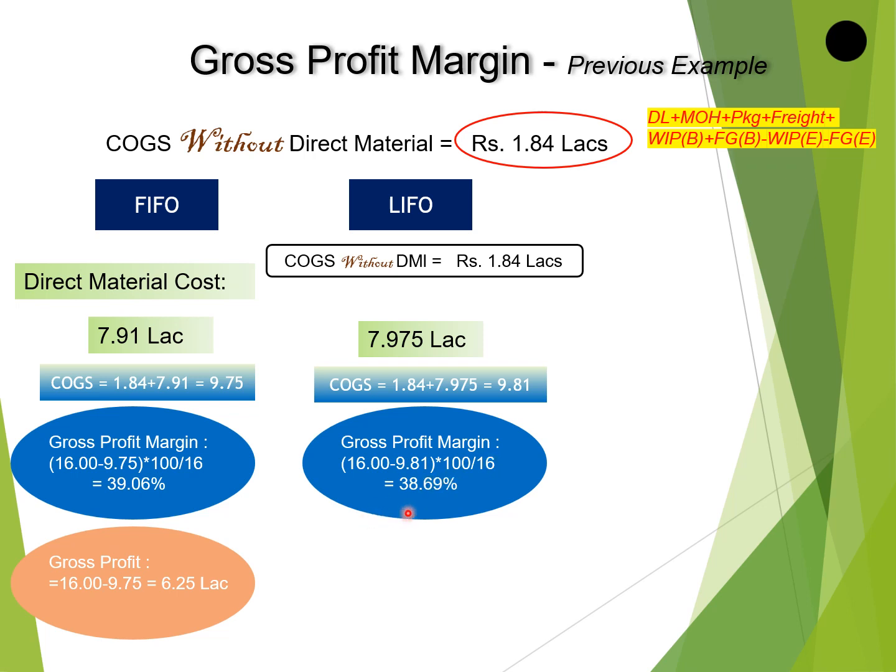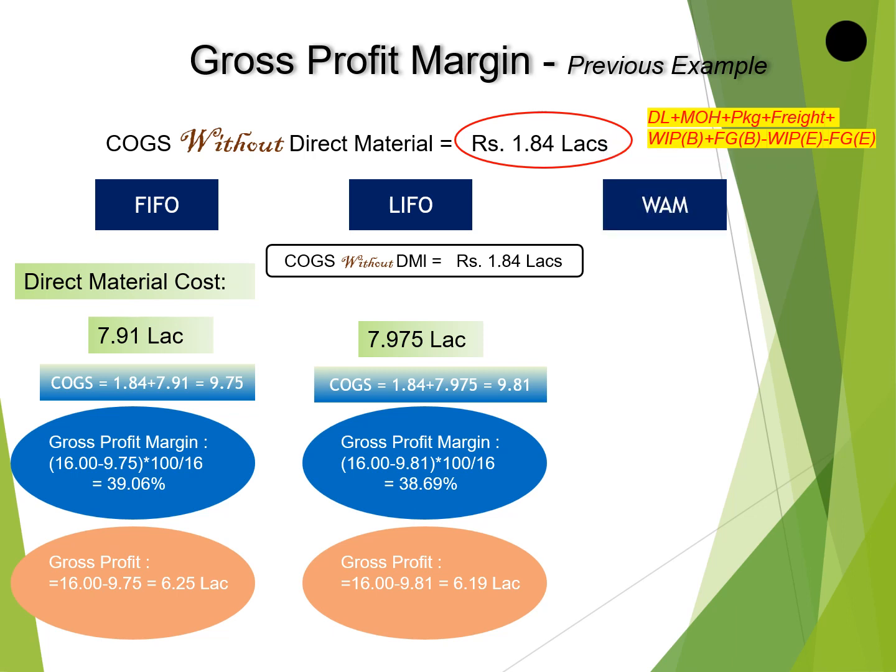So it was coming 38.69%. And the gross profit shall be revenue 16 minus the COGS 9.81. This shall be 6.19 lakhs. Maybe you may remember that the material cost increased from rupees 50 to rupees 55, and that is why this cost has increased when we are calculating the direct material cost with the LIFO method.